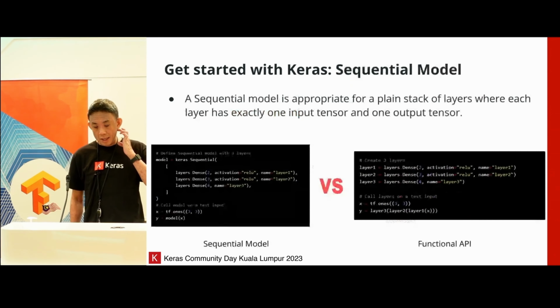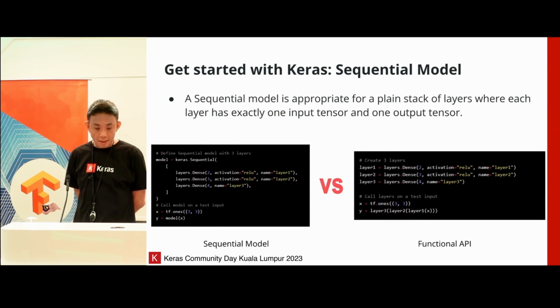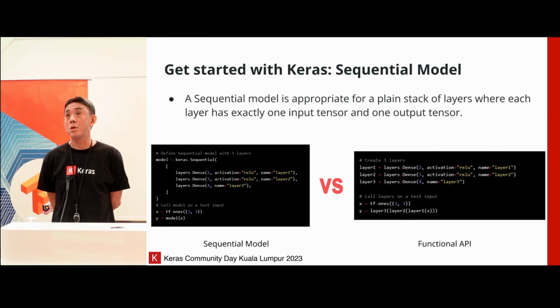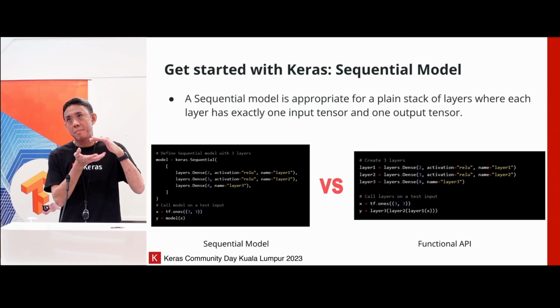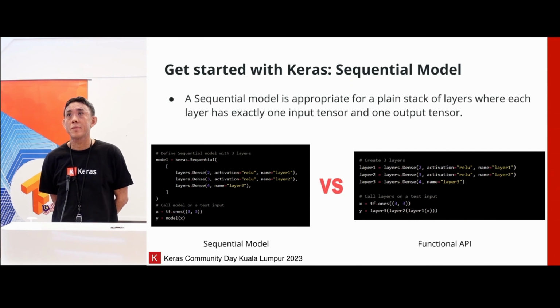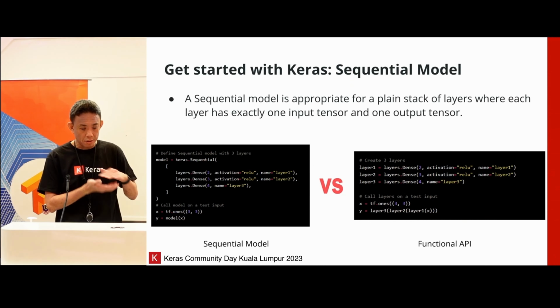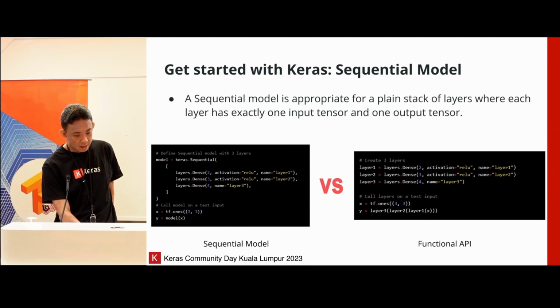The other way to get started with Keras is the sequential model. The sequential model is where you stack the layers in your network. For example, this is the sequential model, and the code will look something like this.